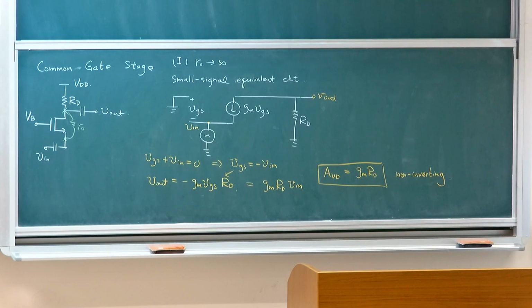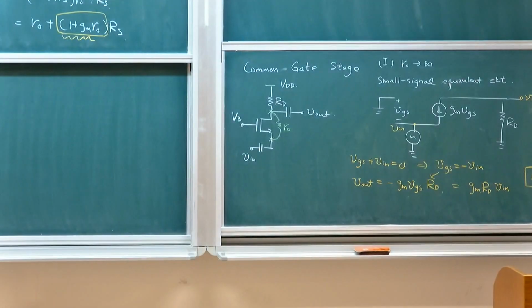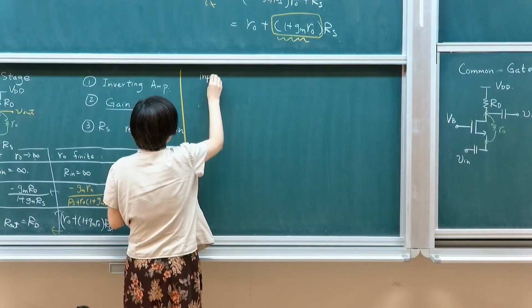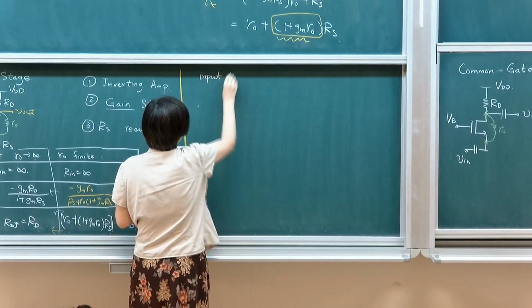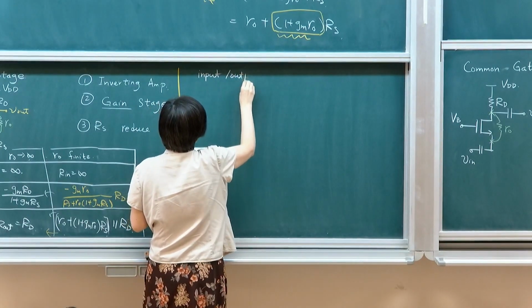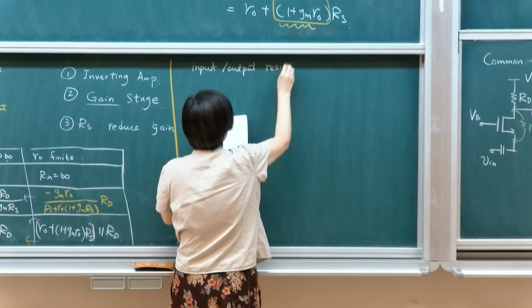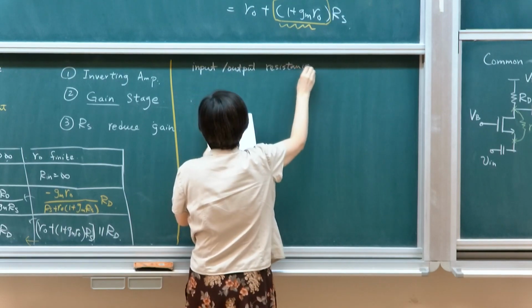Let's come back and look at its input and output resistance. For a common gate stage, let's look at input and output resistance using this half circuit.